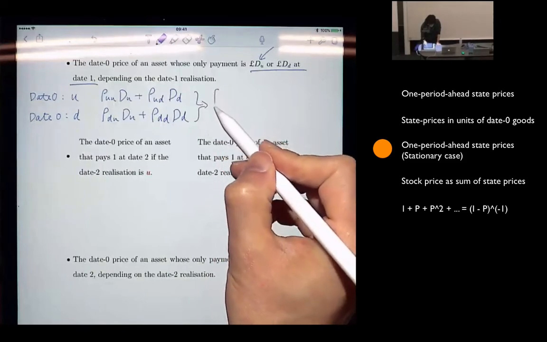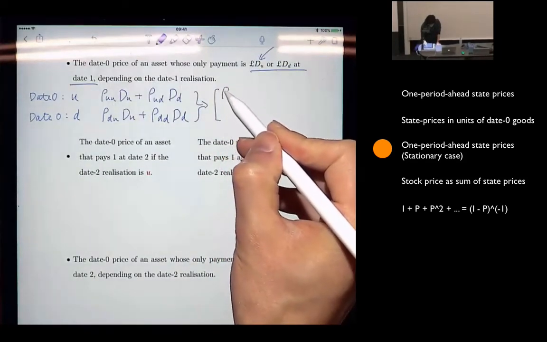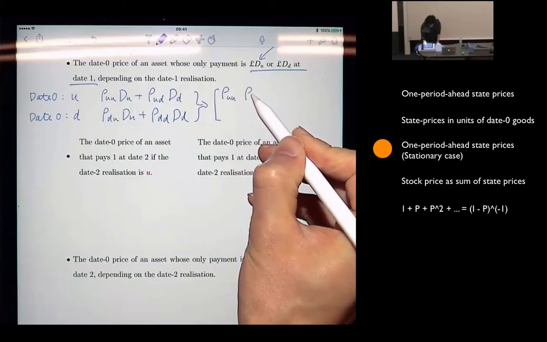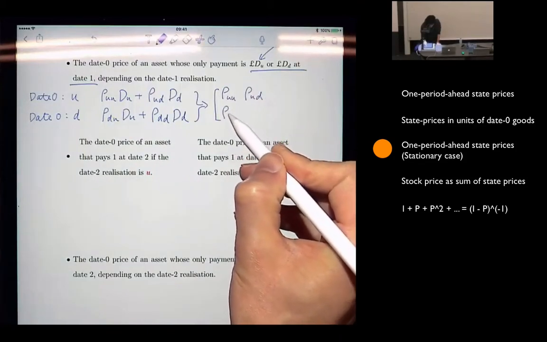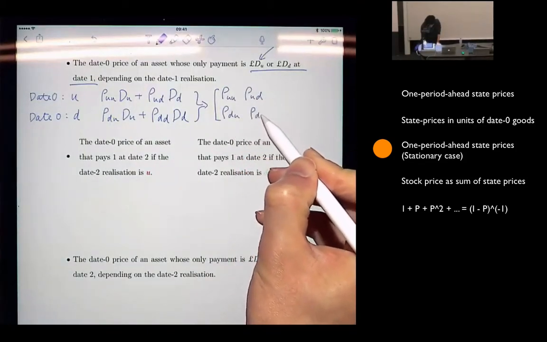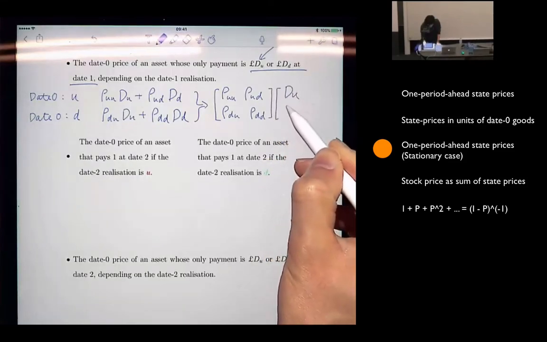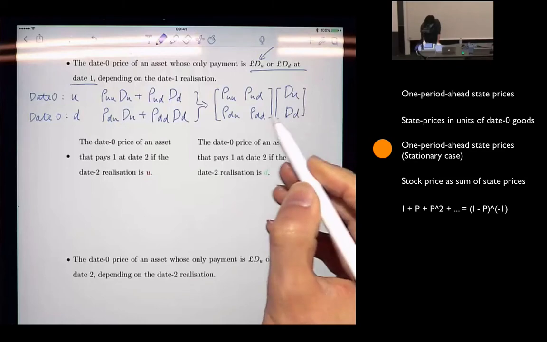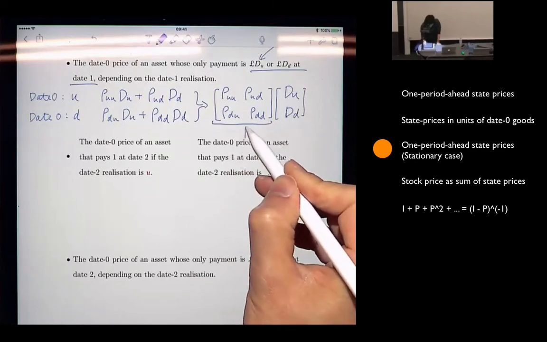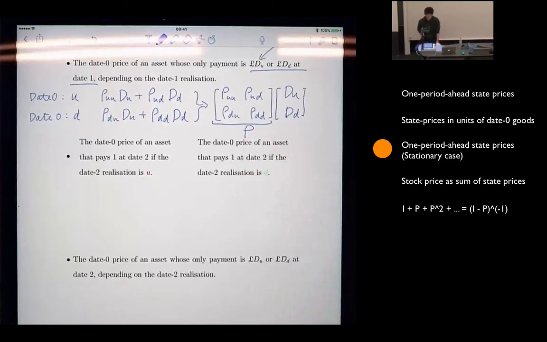We can rewrite it in the matrix form: rho UU, rho UD, rho DU, rho DD times the dividend vector. So this part is what we expressed as P before. So the answer to this question is P times (DU, DD).